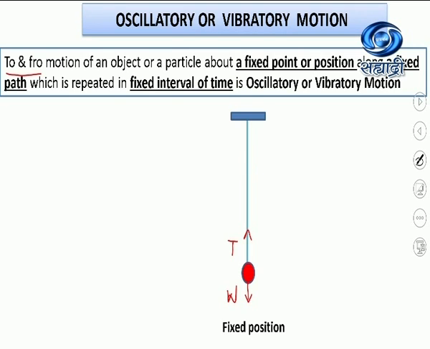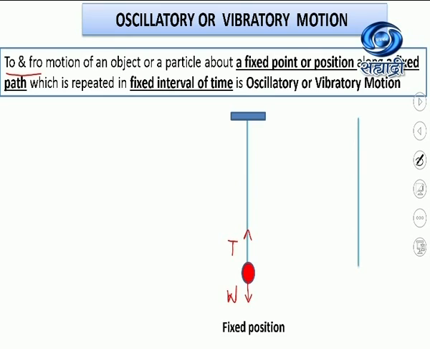So at the fixed position or mean position, these two forces are balanced with each other. Hence, the resultant force acting on the bob is zero, that is, no resultant force is acting on the bob. Hence, such a rest position of an object is called its mean position or equilibrium position.